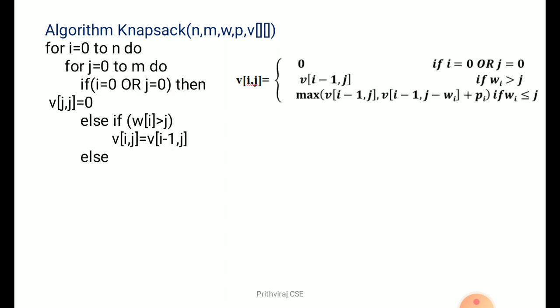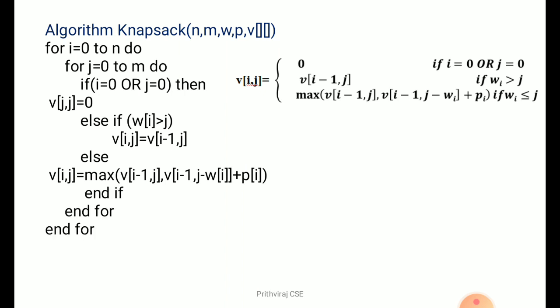Else, the last condition, we'll write V of i comma j is equal to the maximum of V of i minus 1 comma j, and V of i minus 1 comma j minus wi plus pi. Then end if, end both the loops, and finally return V of n comma m. So V of n comma m will be our optimal solution.